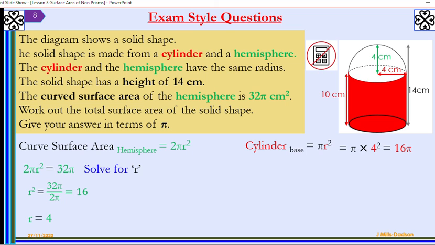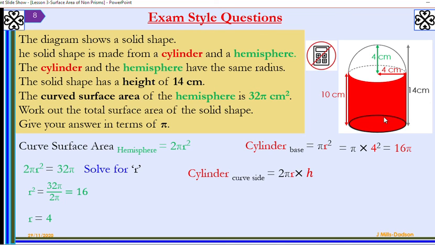Curved side. Remember in lesson 2, when you split a cylinder open, it gives you a rectangle. The height will still be the height, but the length will be the circumference. So when you split it open, this becomes the circumference, and that becomes the length. Circumference is 2 times pi times r.